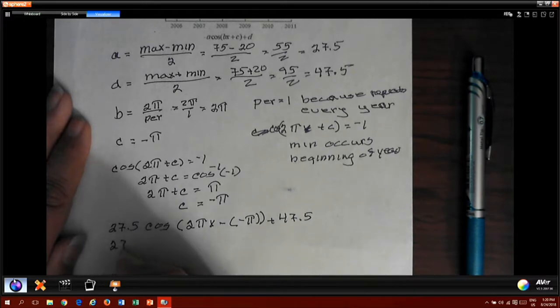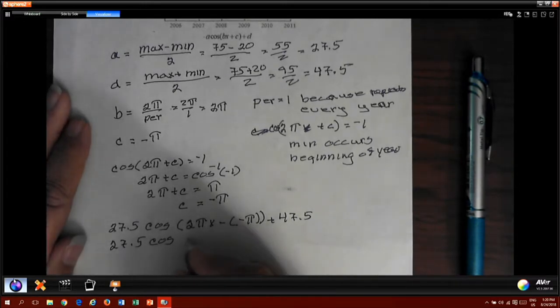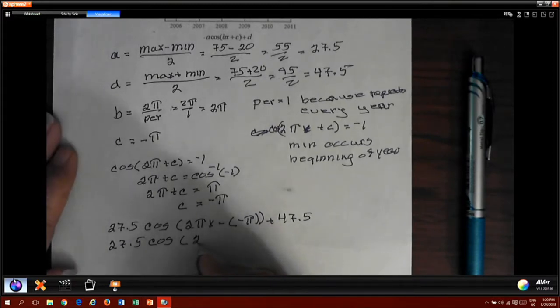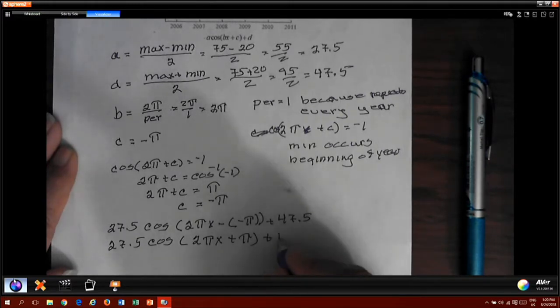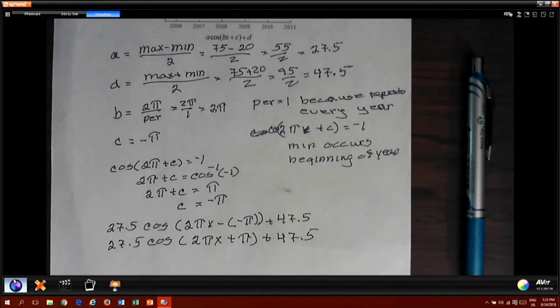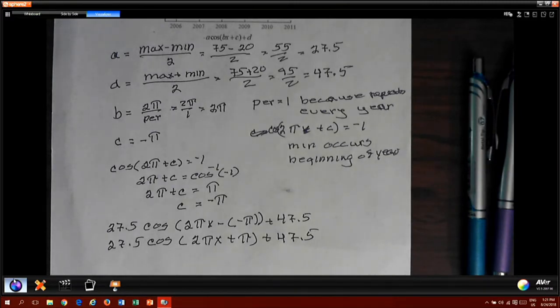This becomes 27.5 cosine of 2 pi x plus pi plus 47.5. So that would be the function that would graph this graph. And that's our last set of work.